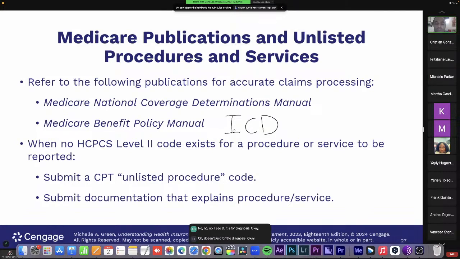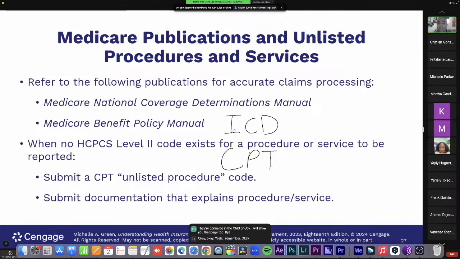Okay, so CPT is the one that has the charge. So where would we find if they're billable or not billable? They're going to be on CMS.gov. I already showed you that page too. Okay, yeah, I remember.